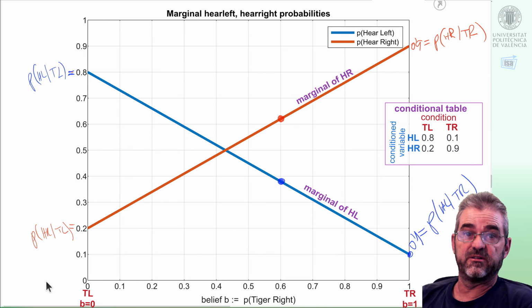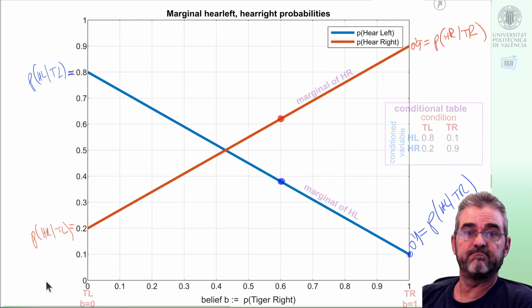And then for intermediate beliefs, the marginal probability is a sort of linear interpolation between the extreme probabilities, which are the conditionals. So with this, we better understand the relationship between marginal and conditional probabilities.